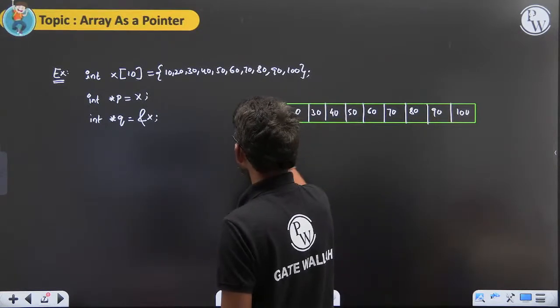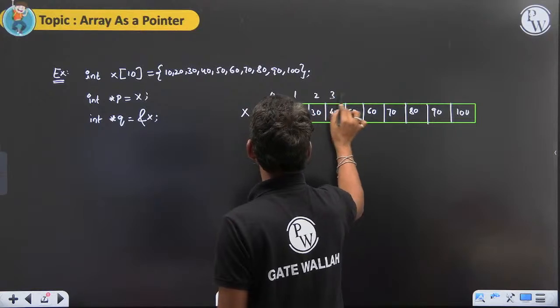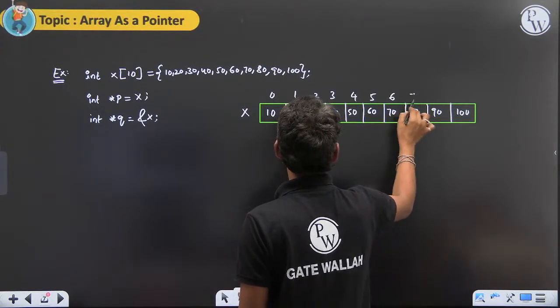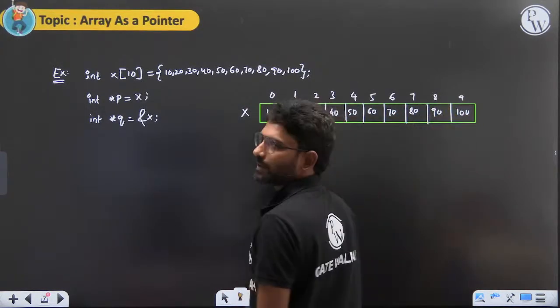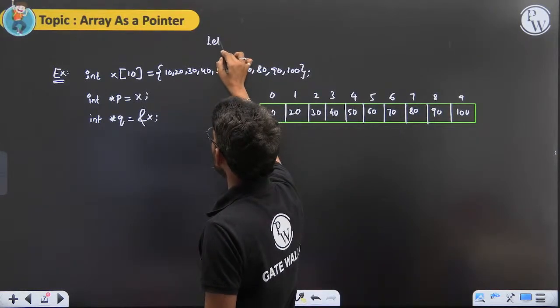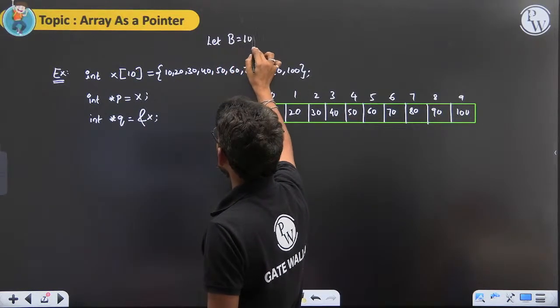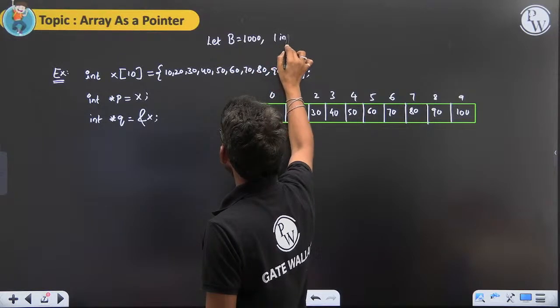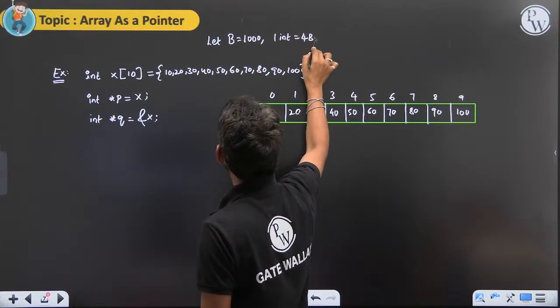Array name is x and these are the indices. Now, let us suppose the base address is 1000 and one integer size is 4 bytes.